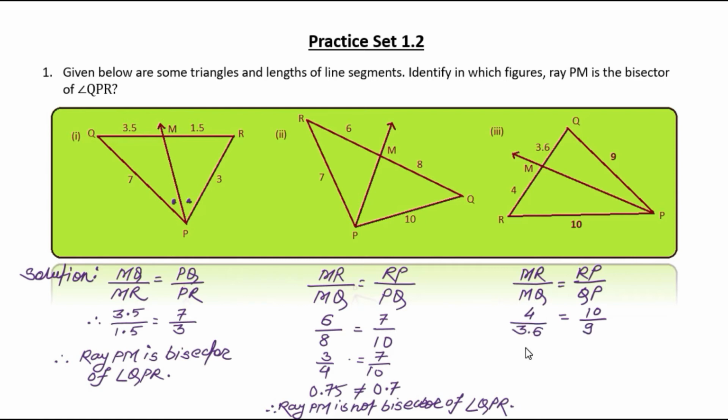Therefore, 9 fours are 36. So we can write 4 ones are 4 and 0.9 fours are 3.6. So our answer is 1 upon 0.9. And if you take this 10 below this 9, so 9 by 10, I can have 1 upon 9 by 10 is 1 upon 0.9, and hence these two ratios are equal.